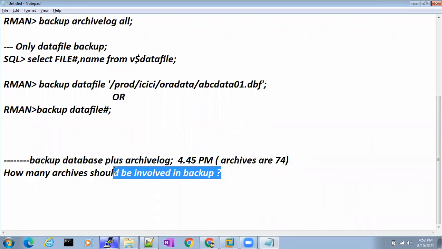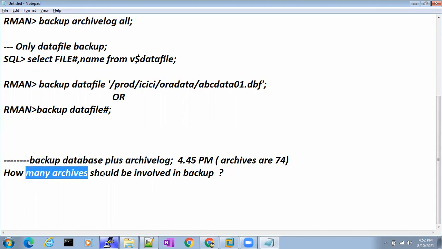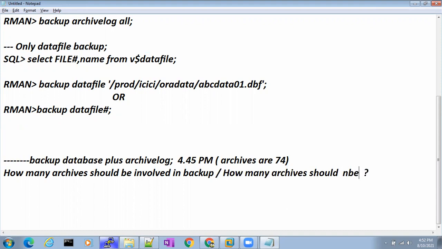So how many archives should be involved in the backup, or how many archives should be backed up? Tell me, what is the answer?